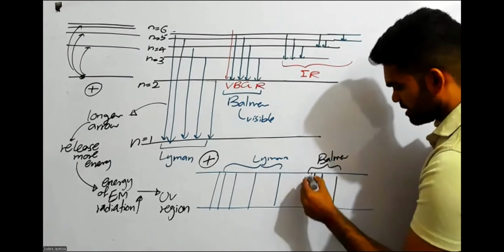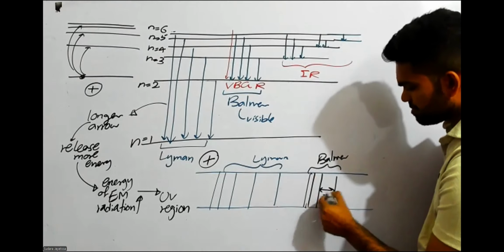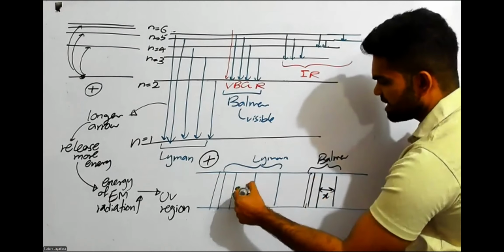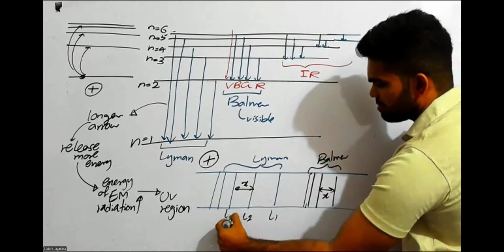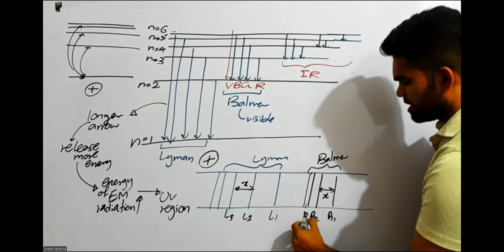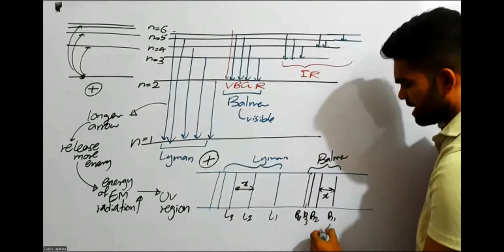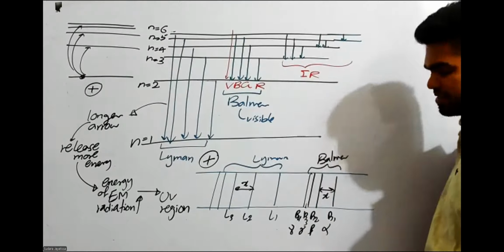Okay, draw this a little bit away, right? And look at this gap. That same gap is there between the second and third lines of the Lyman series. So this is B1, B2, B3, and B4. We have alpha, beta, gamma, delta, like that. Different names are there.